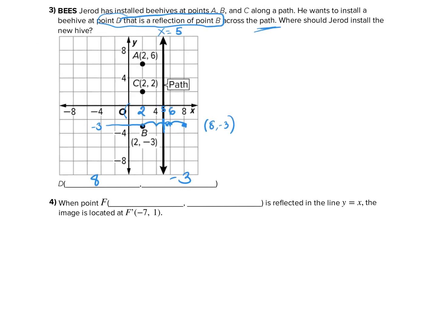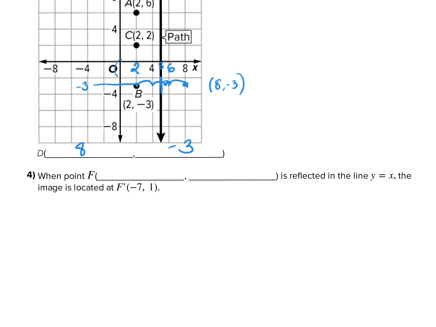Okay. This should be our last reflection question. And you'll notice here it says when point F, which it doesn't give us point F, is reflected over the line y equals x, the image is F prime, negative 7, 1. Okay, so similar to our other question, if I create the t-chart x, y, if y equals x, then whatever my x value is, that's what my y value is going to be.